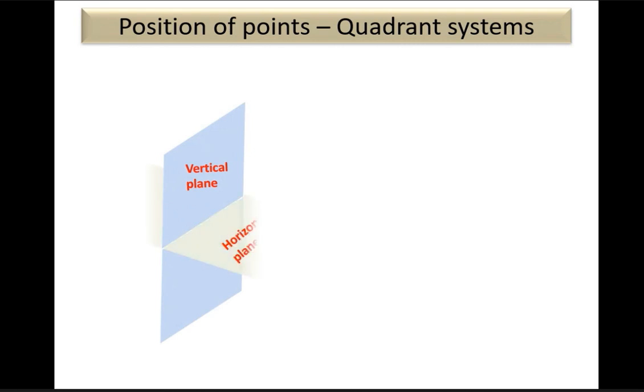Next slide. This is our vertical plane, and this is the horizontal plane. Now we observe anything, which is a line, plane, or anything else, from this position.